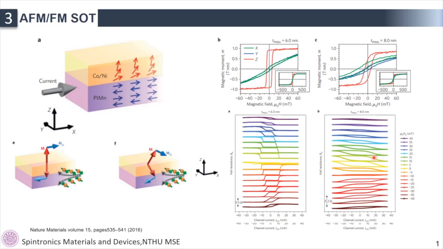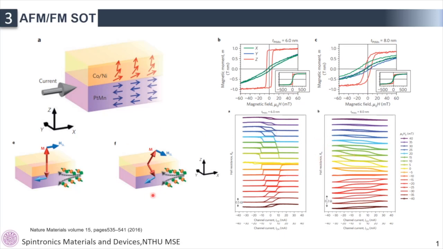However, for the right one, the boundary between the clockwise and anti-clockwise loops moves to minus milli-Tesla owing to the exchange bias. So we can find that only when the thickness of the platinum manganese layer is large enough can the field-free switching be performed.